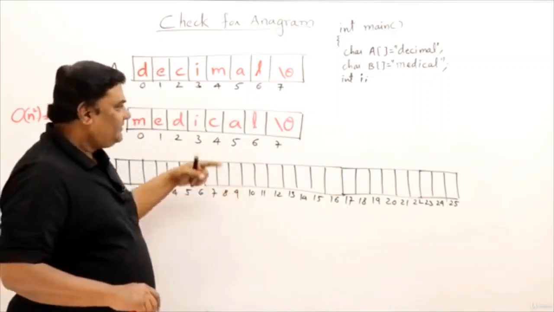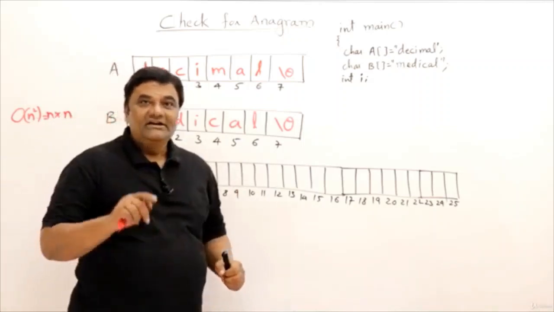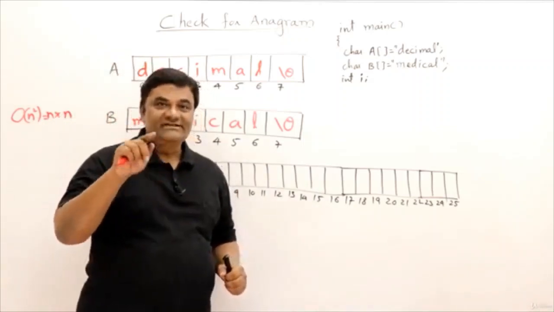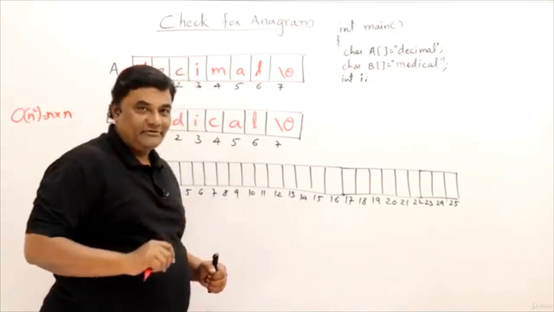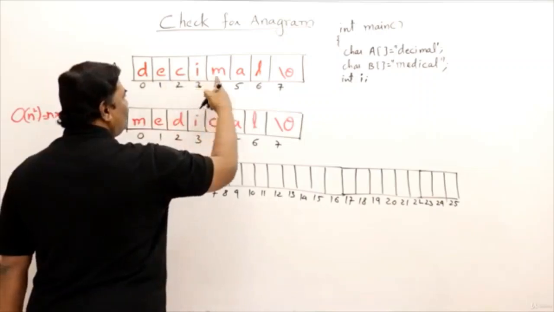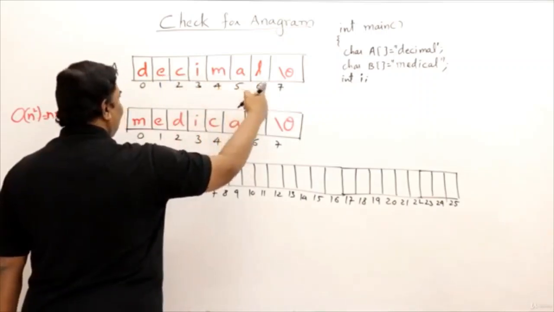Now how can we make use of this? Let us see, using a hash table, how we can find whether these two strings are anagrams or not. Let us see the procedure. First of all, I will write down the ASCII codes of these lowercase alphabets.